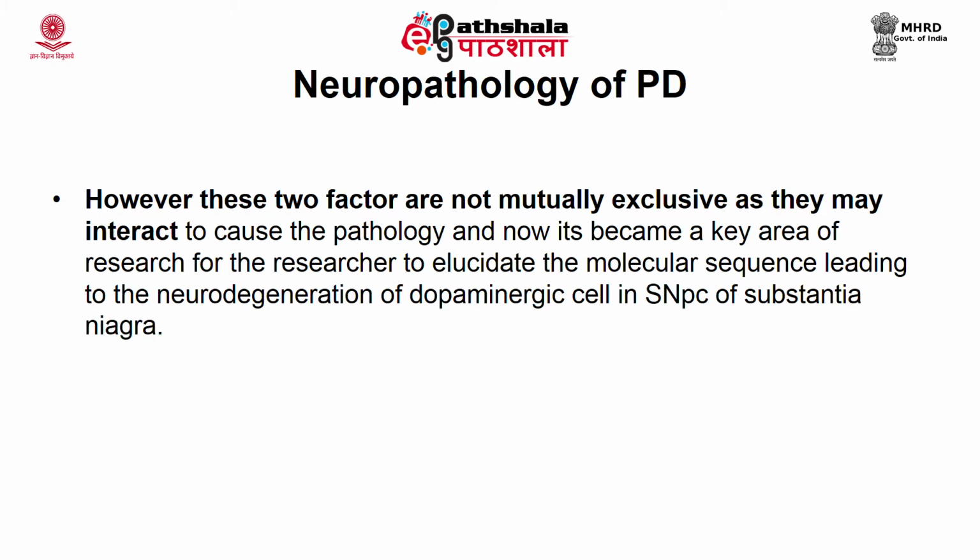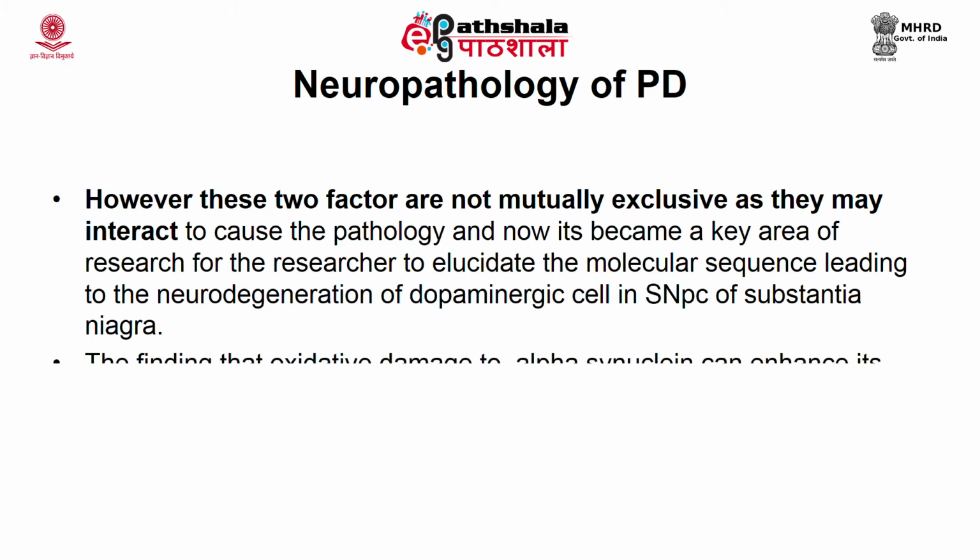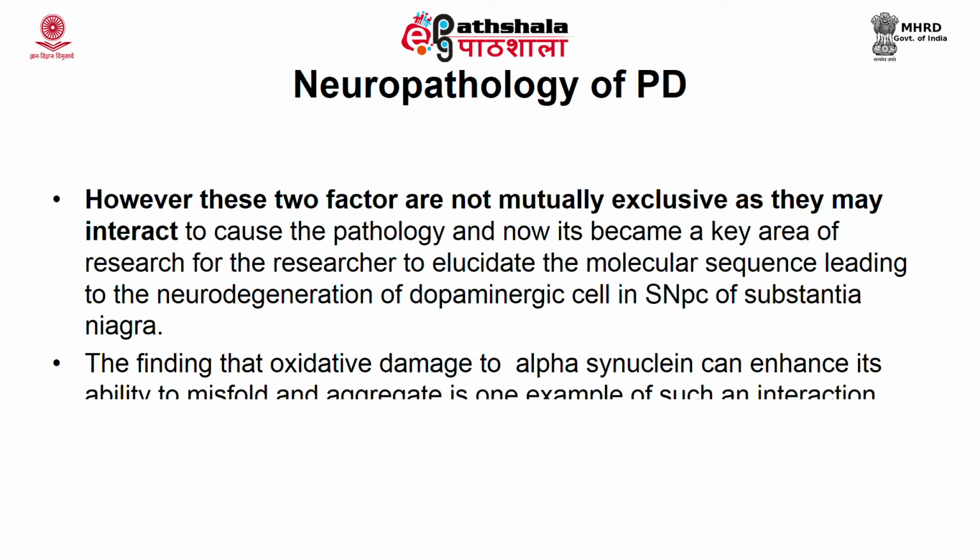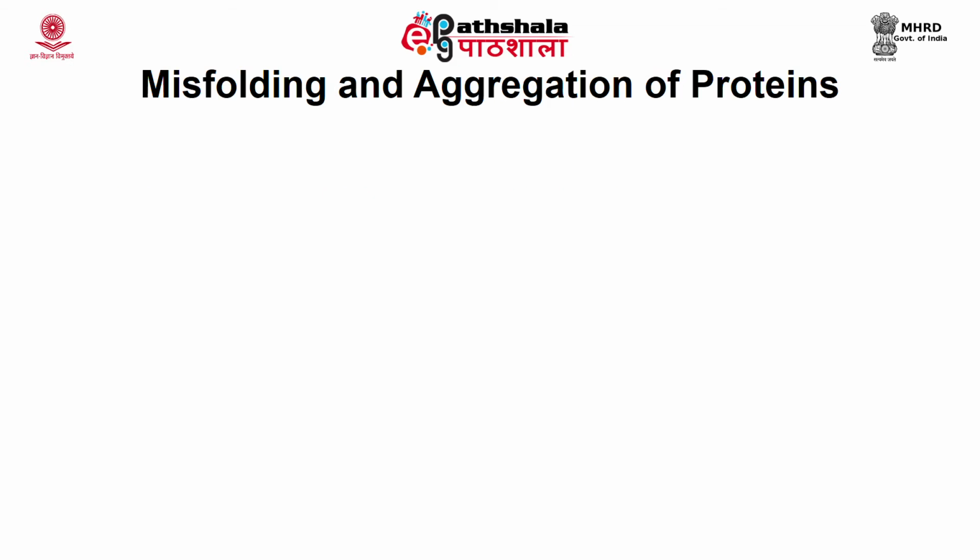The finding that oxidative damage to alpha synuclein can enhance its ability to misfold and aggregate is one example of such interaction. They may interact and both may be causing the neurodegeneration, and this has become a point of research.